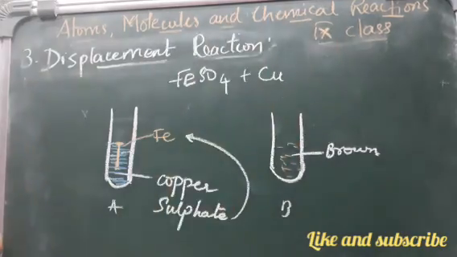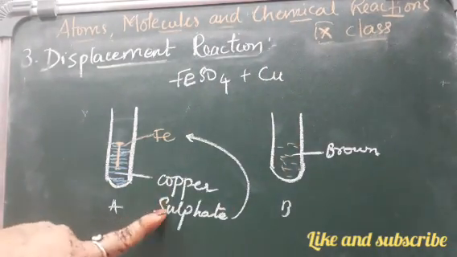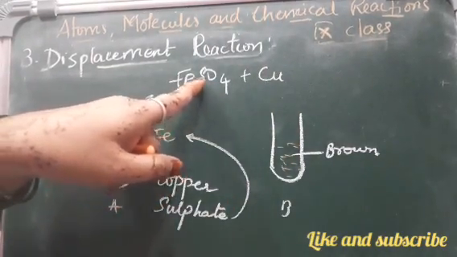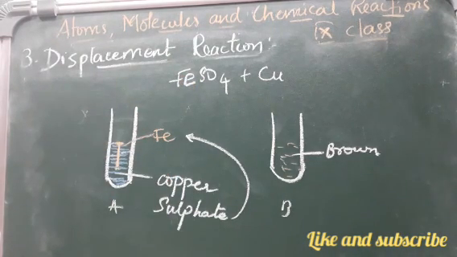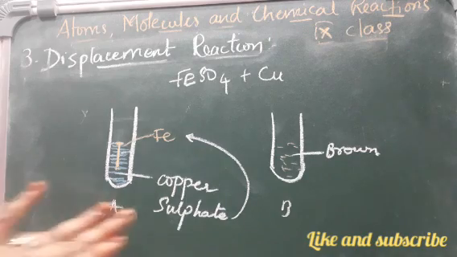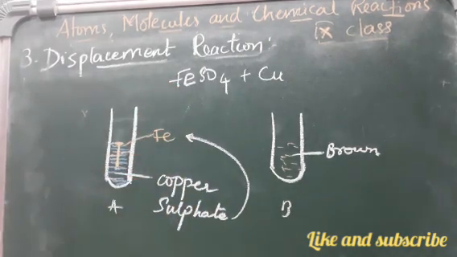The copper sulfate is displaced by the iron and it forms FeSO4, iron sulfate. So iron is more reactive than copper, and thus it displaces copper from the copper sulfate. This is an example of displacement reaction.